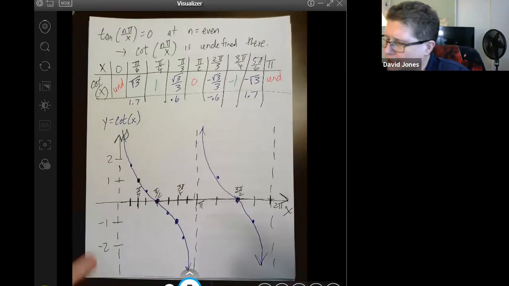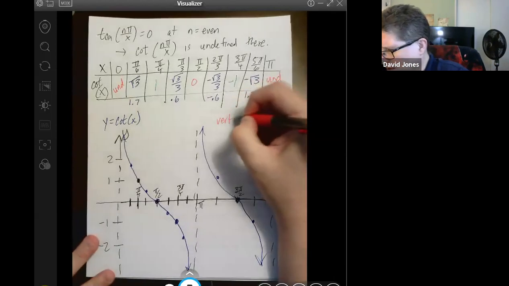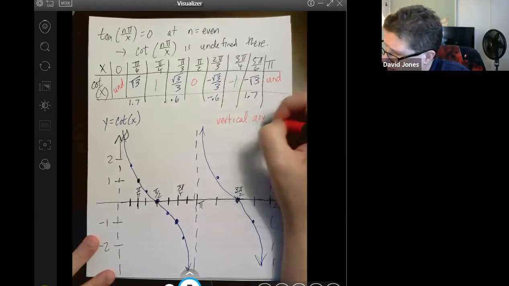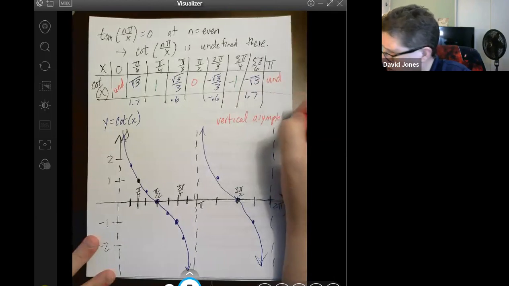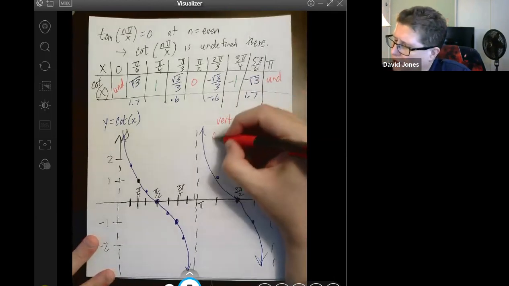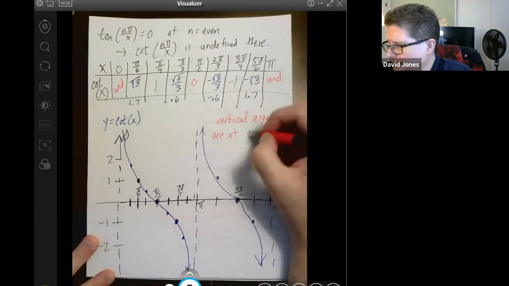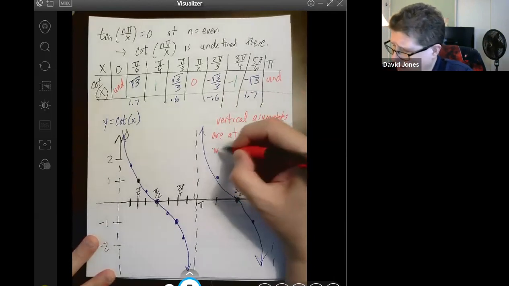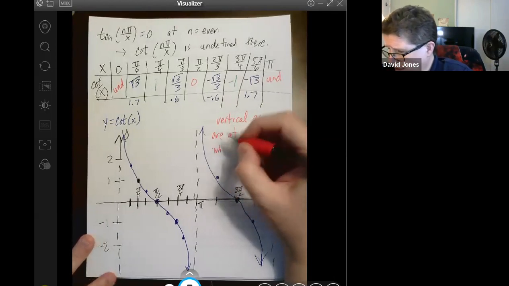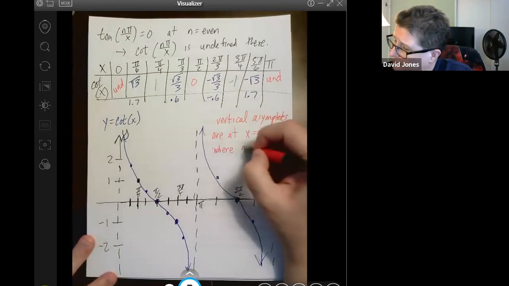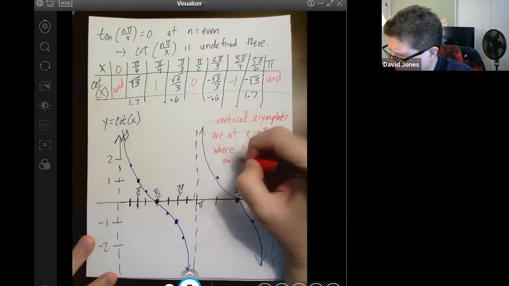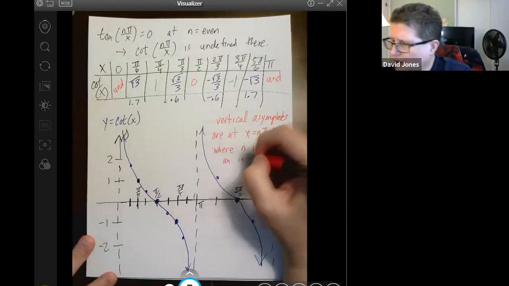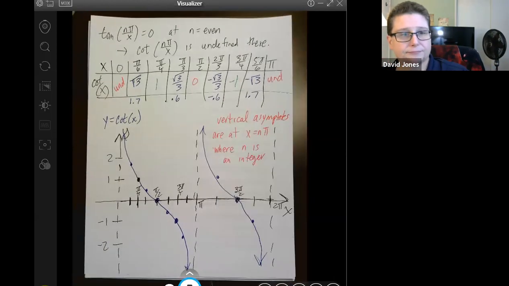Here, the vertical asymptotes are at x equals n pi, where n is an integer. All the multiples of pi.